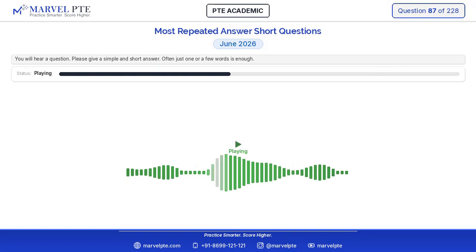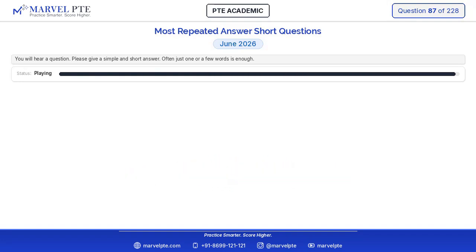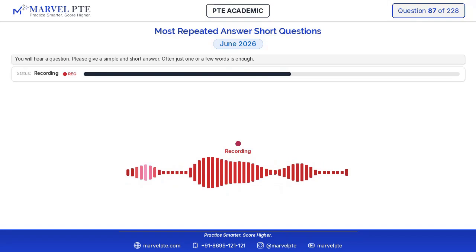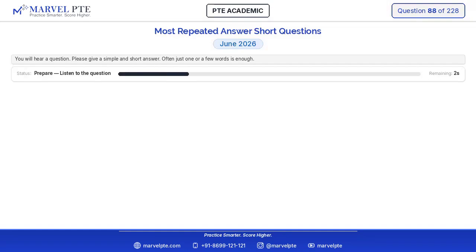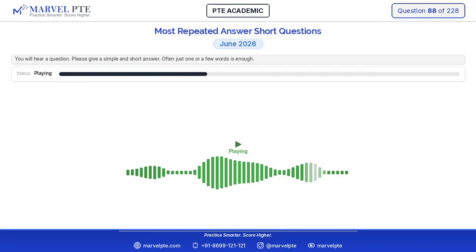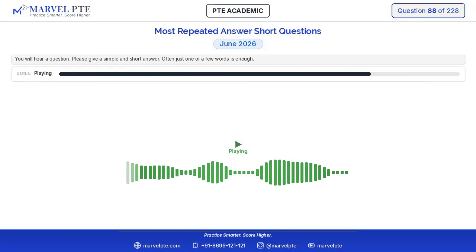What is the act of reusing waste materials? Recycling. If a building is 1,000 meters high, from where do we measure the height?